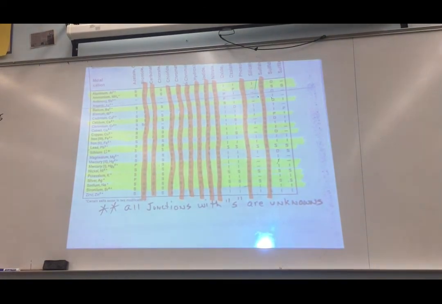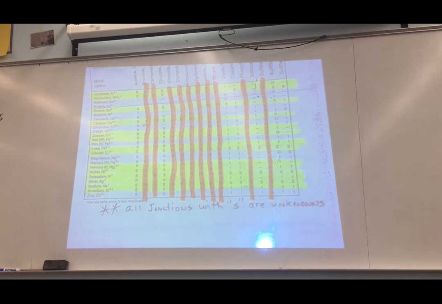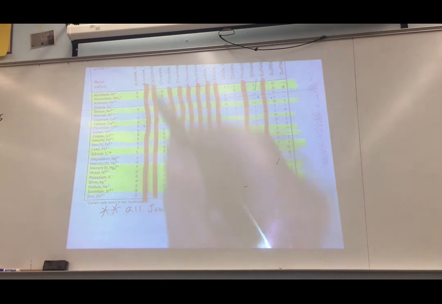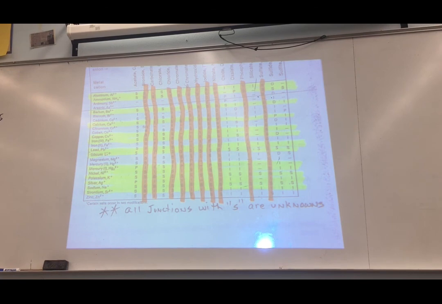Can your unknown be copper 2 bromide? Yes, it can. Why? Copper is a possible, bromine's a possible, and it's an S. Can your unknown be magnesium chlorate?